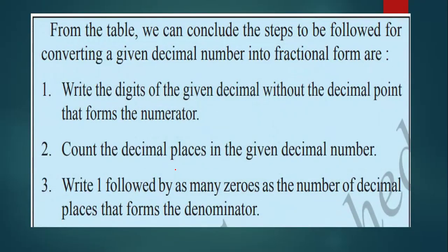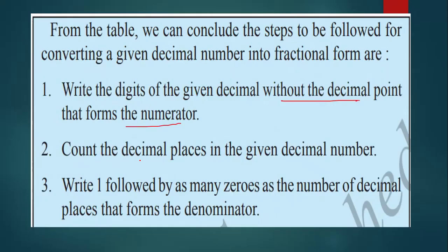From the table, we can conclude the steps to be followed for converting a given decimal number into a fractional form. First one, write the digit of the given decimal without the decimal point. That forms the numerator.